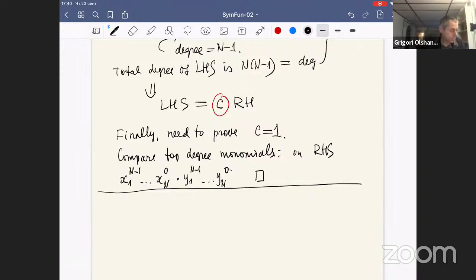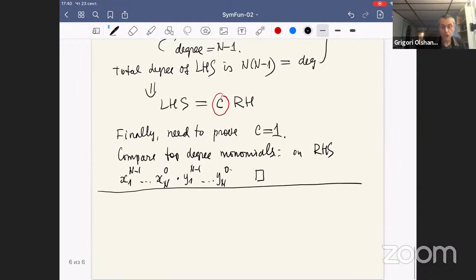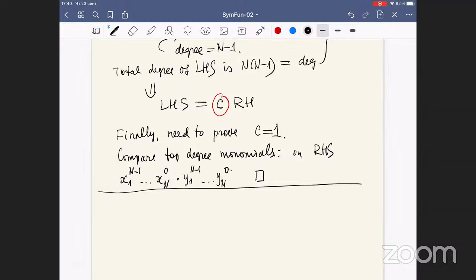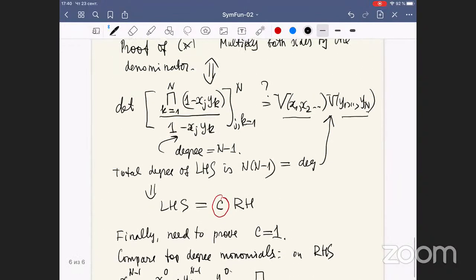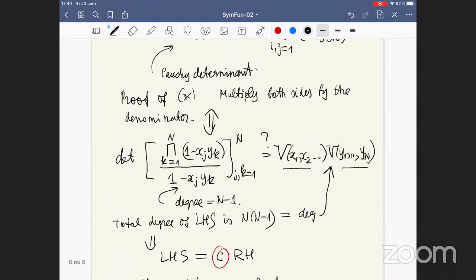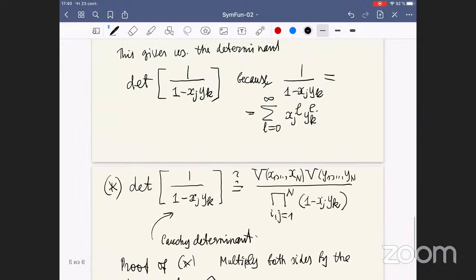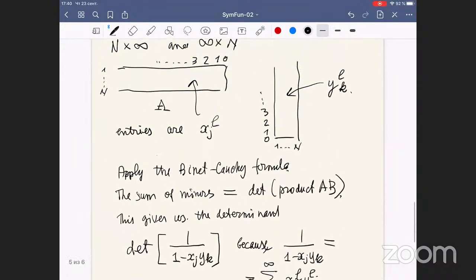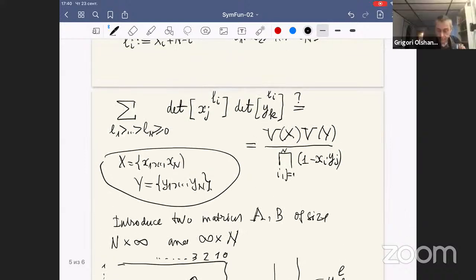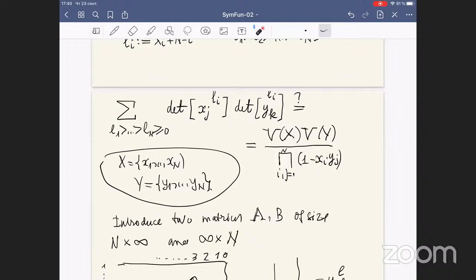What next? I would like to slightly rewrite the Cauchy identity in the following form. Sorry. Go back to the product above in this page. I want to ask about the subscript.